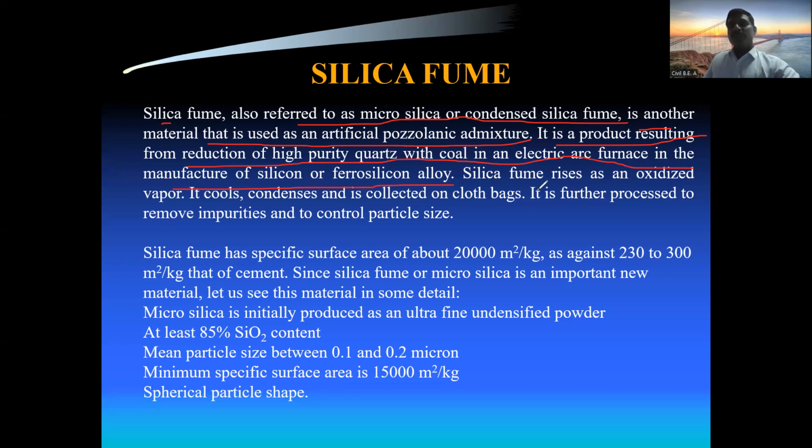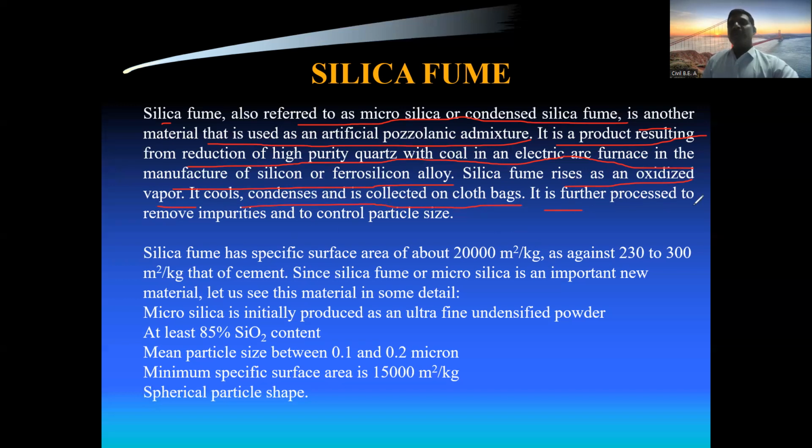The silica fume rises as an oxidized vapor, so it will cool and condense, and it is collected in cloth bags. So in the cloth bags we can collect this particular silica fume.